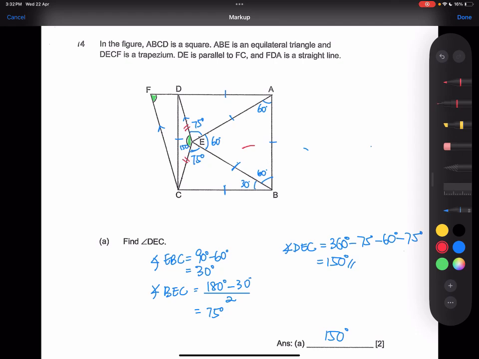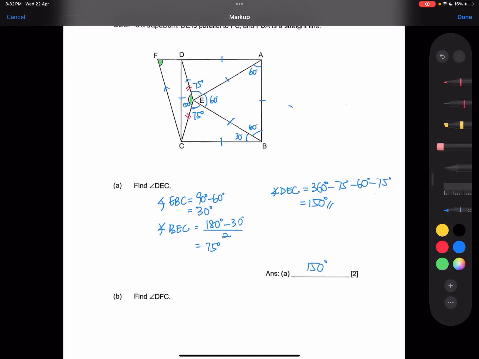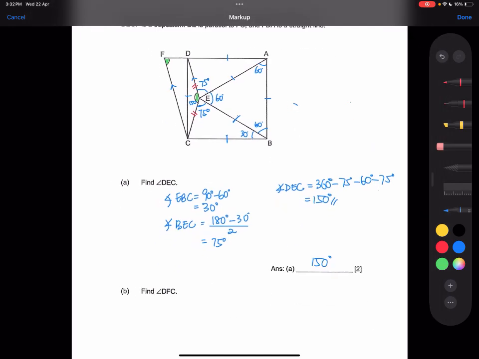Given that the figure is symmetrical, which means that DE is the same as EC, now we have another isosceles triangle. We can find angle, let's find angle CDE. Let's find this angle here.